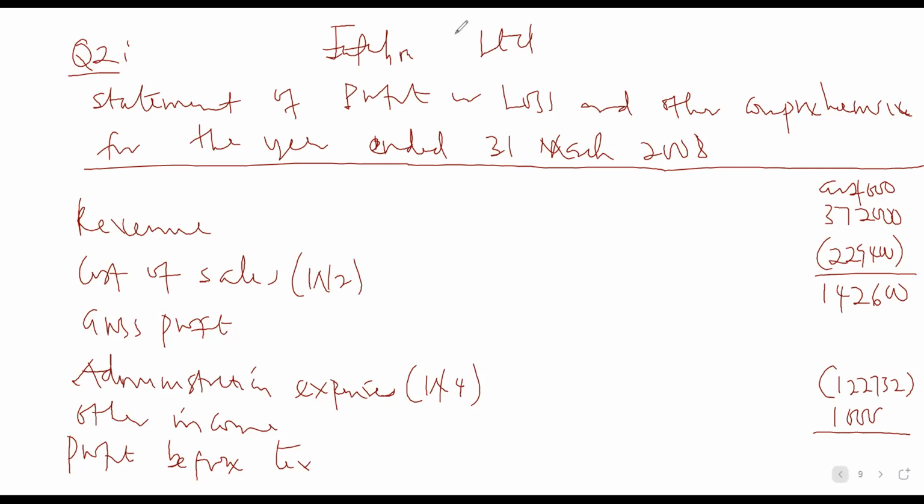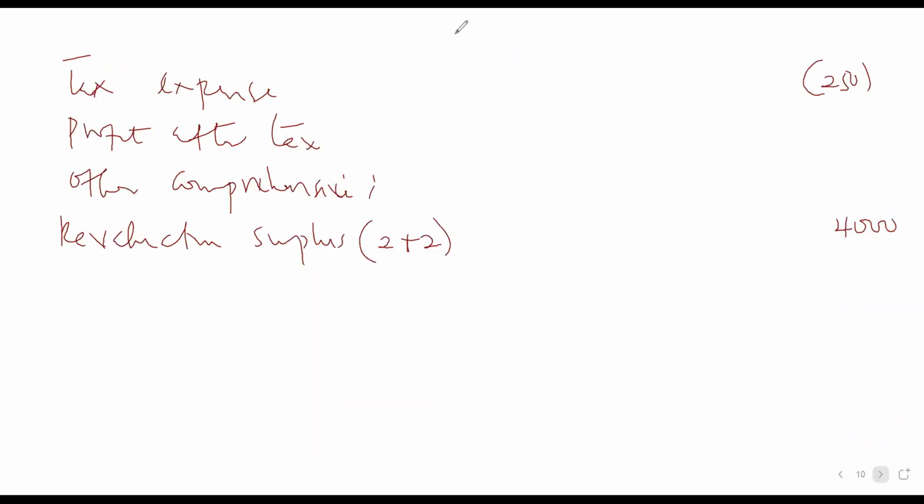Confirm. Do it again. I'm getting 20,868. Is that correct? Yes. Okay. Then we come to the tax expense. Tax expense is 250, so minus 250.